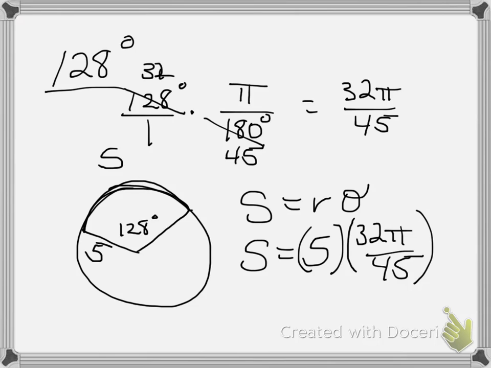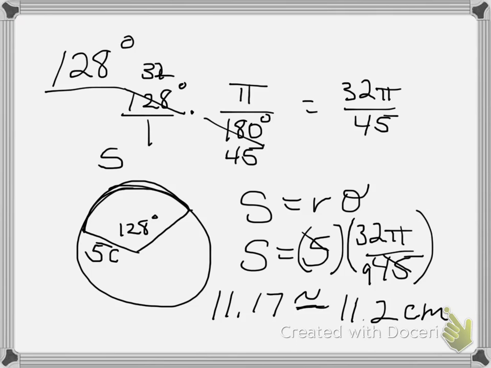The directions say that you can round to the nearest tenth, so I can do 5 and make that 9, but I'm still going to have to put it in my calculator, and I get 11.17, and when I round that to the nearest tenth, I get 11.7. And this problem was all in centimeters, so this is in centimeters because this radius over here was centimeters. So that is example 3. Just the key in this problem is to change your degrees into radians. This has to be in radians in order to work this problem.